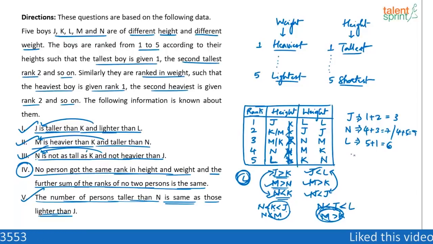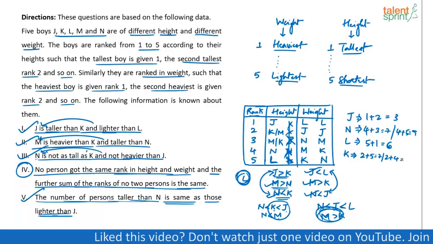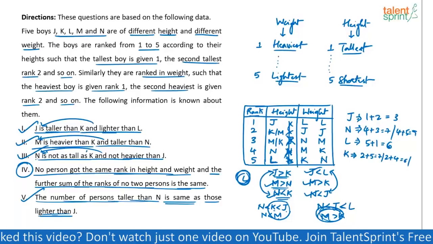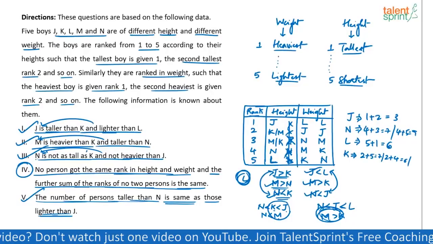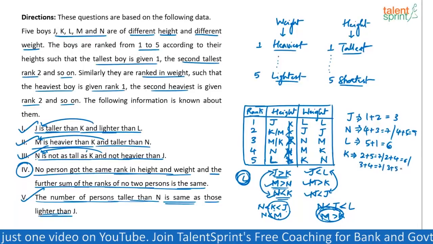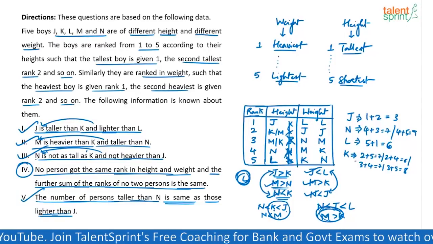If I look at K, what are the sums of K? 2 plus 5, 7, 2 plus 4, 6, or 3 plus 4, 7, and 3 plus 5, 8. These are the ranks of K: 7, 6, 7, 8.